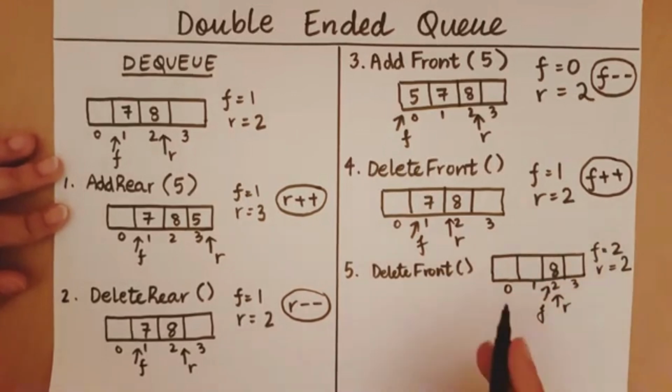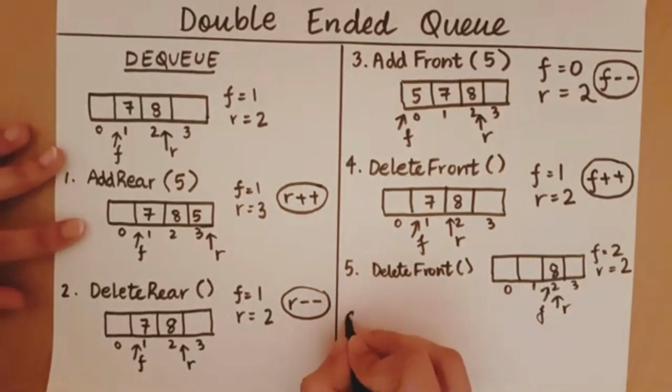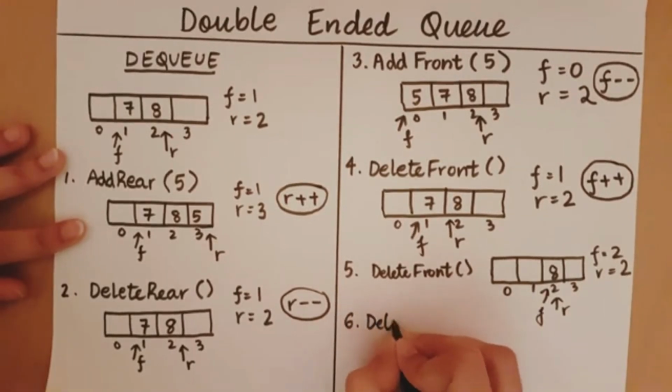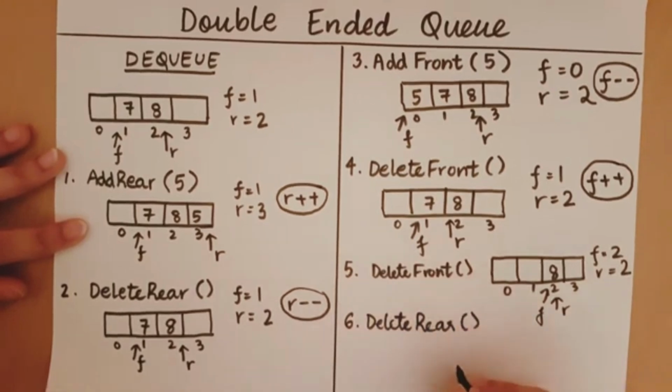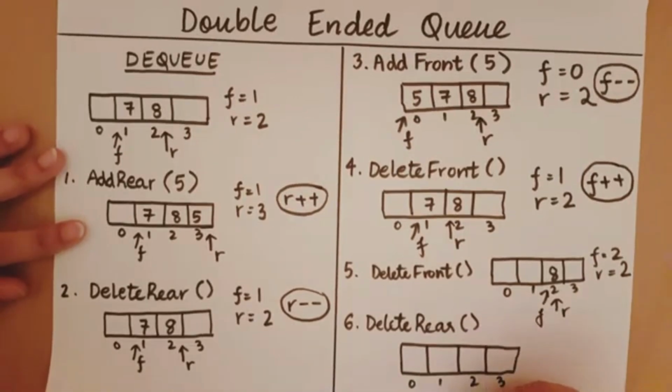Now, to this queue, if I delete from the rear, I'm going to get a queue which looks something like this, where front is equal to 2, rear is equal to 1.